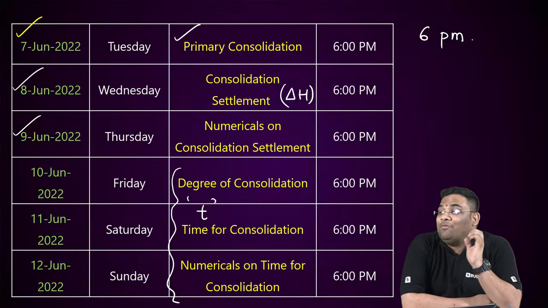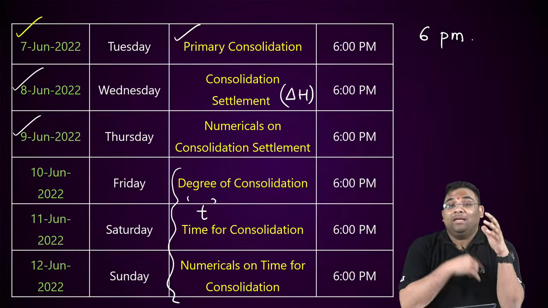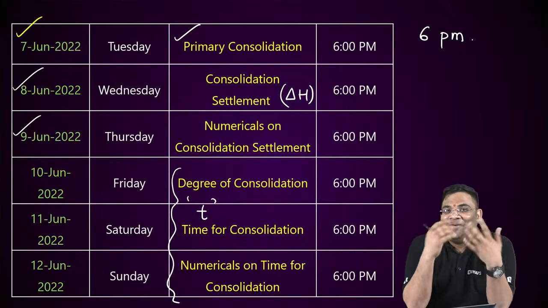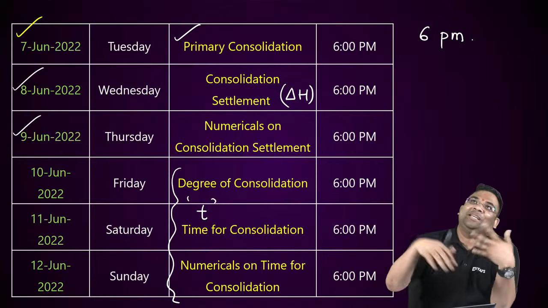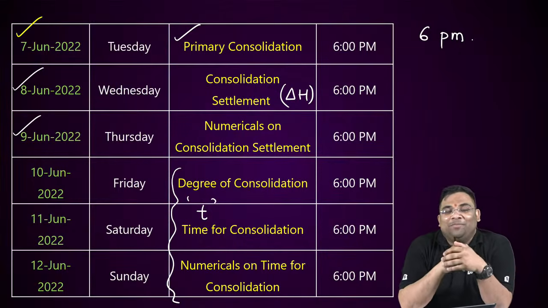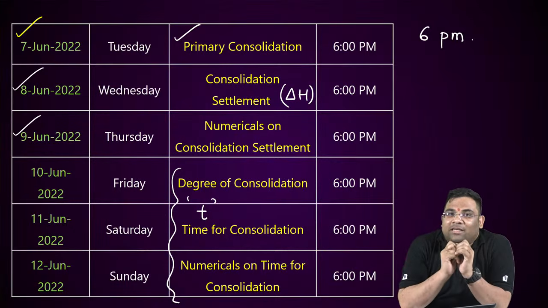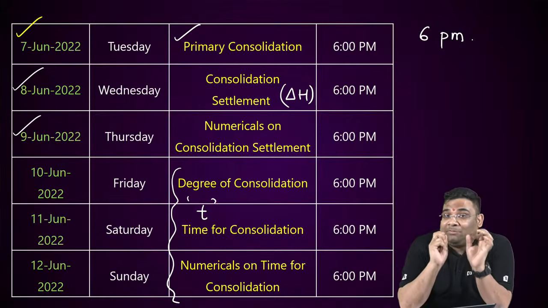Please mention very particularly. See, many times we study, we don't know what we are studying. Yes or no? Many times we don't know what we are studying. We just keep on flowing with the lecture. No, we should always know whenever we are studying a particular lecture why we are studying that lecture, and what things they can ask from that lecture.